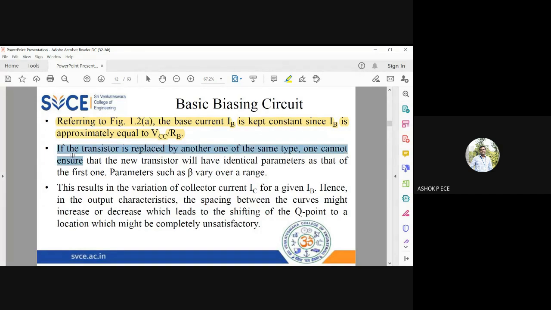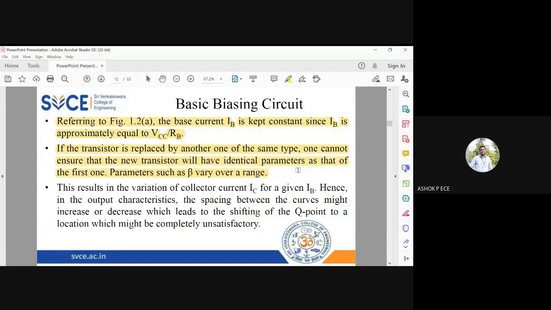So when you replace a transistor with another transistor, you cannot expect the same behavior from the circuit, even though both transistors are identical. Even if everything is perfect, when you put the transistor in an external circuit, there will be slight variation in the behavior of both transistors.